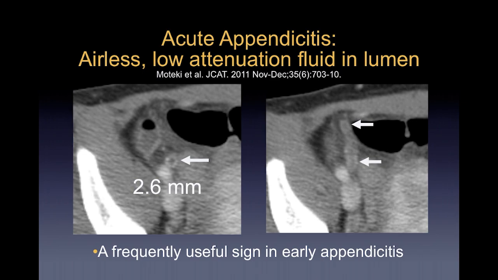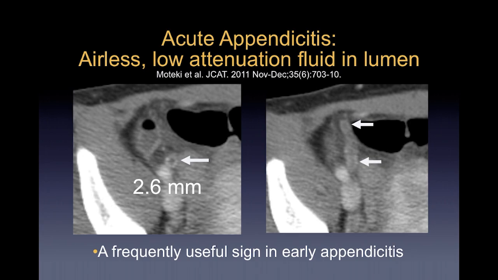Now, this number that has just popped up on the left-hand side of the screen, 2.6 millimeters, refers to the diameter, not of the appendix, but of the fluid. If you just measure the width of the fluid in the lumen of the appendix, if it is greater than 2.6 millimeters, that had a very high correlation in patients with acute appendicitis.